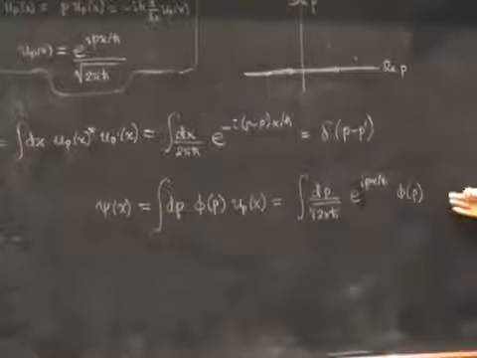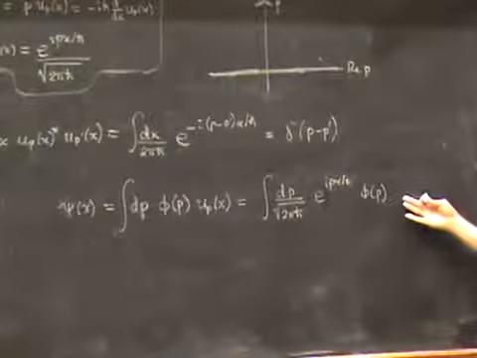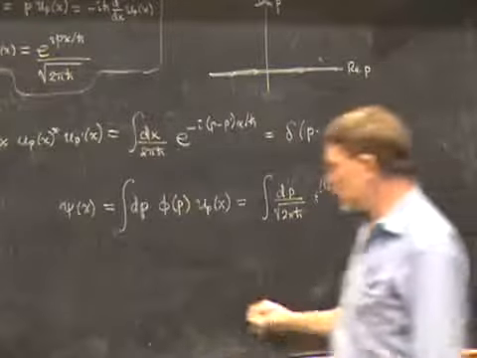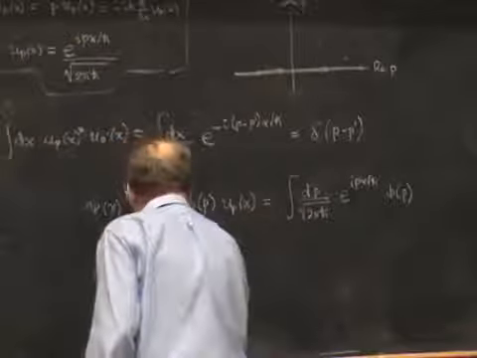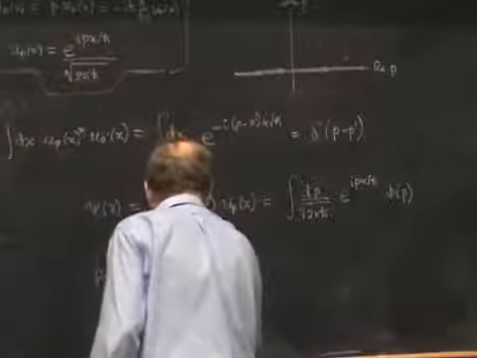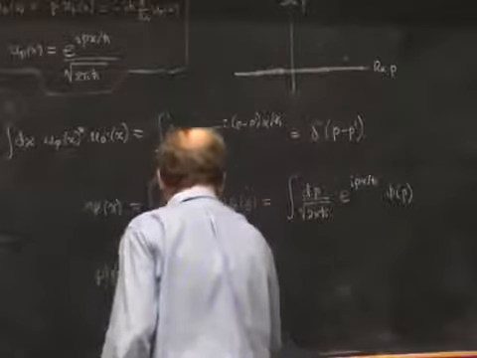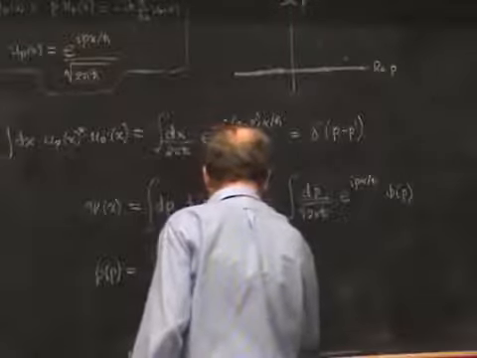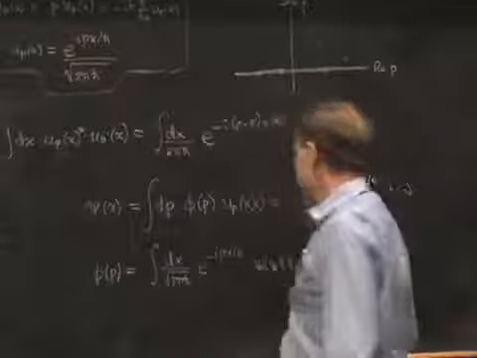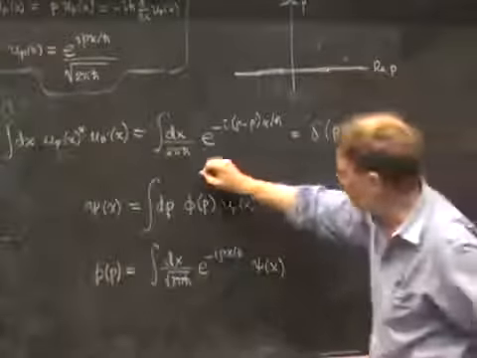And so what you recognize is that psi of x is the Fourier transform of phi of p. And so by Fourier's theorem, this has an inverse, which is the integral dx over the square root of 2 pi h bar, e to the minus ipx over h bar times psi of x. And so the answer is the expansion coefficients exist.